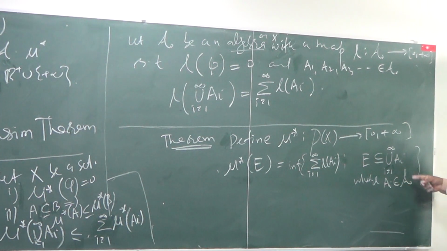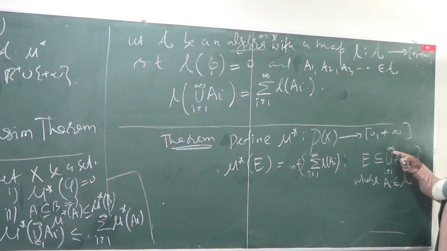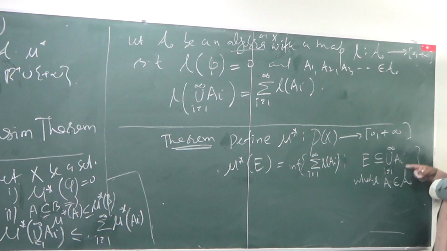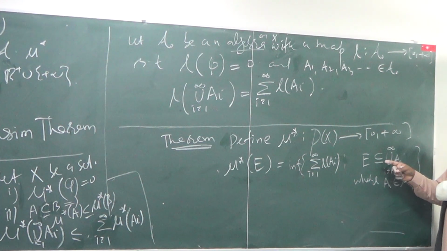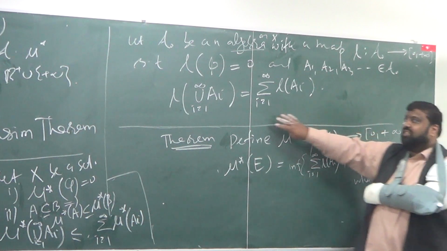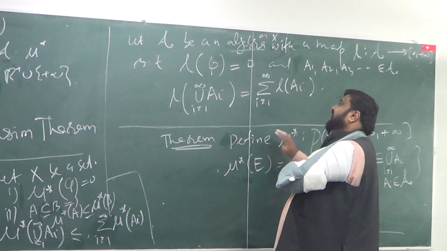Think about it. If I have a cover of E in which the sets are not necessarily disjoint, out of this cover I can create a cover which is going to be disjoint, and their length gives the same sum.